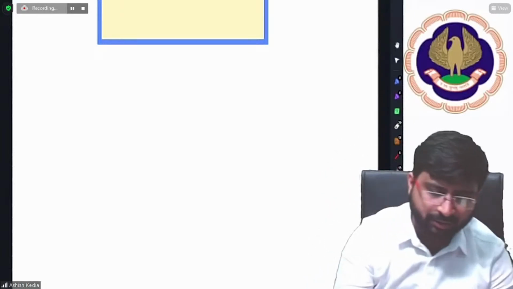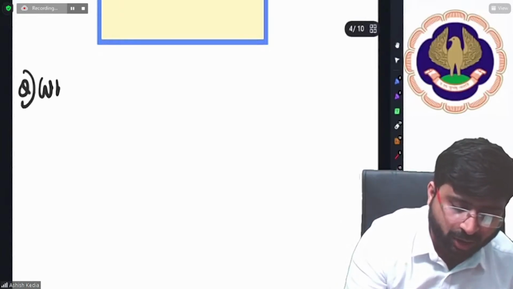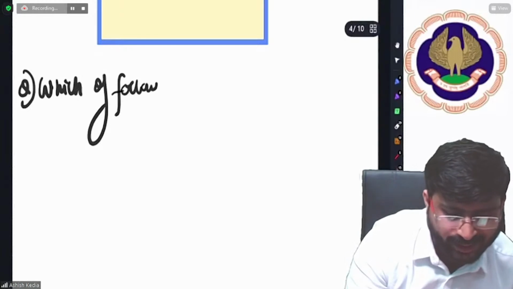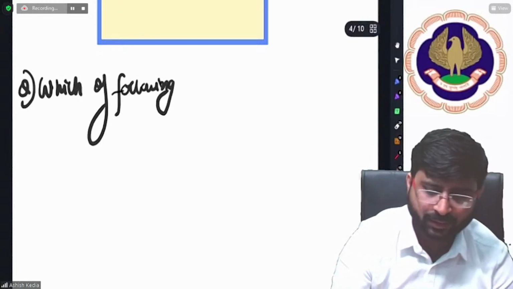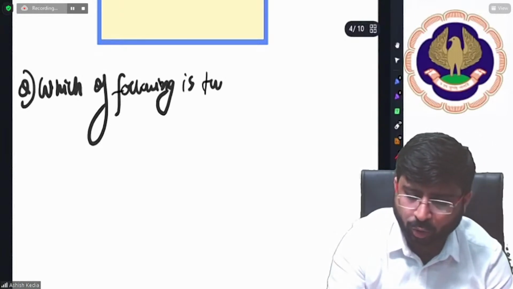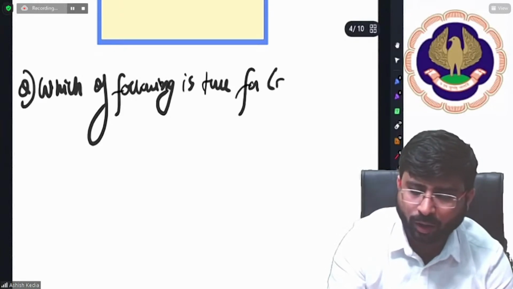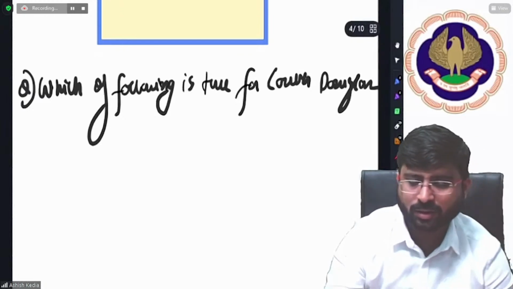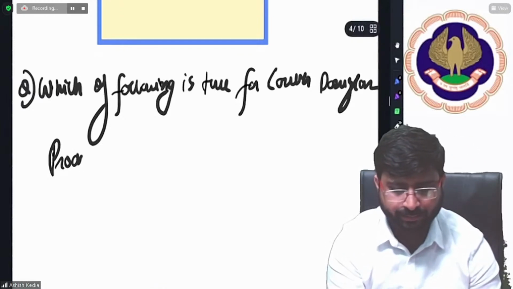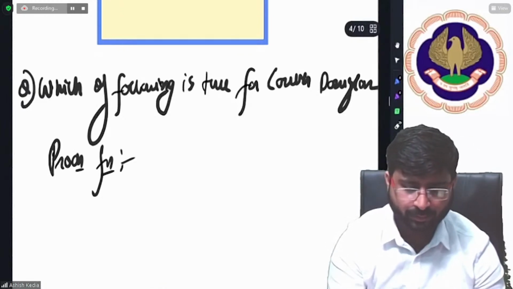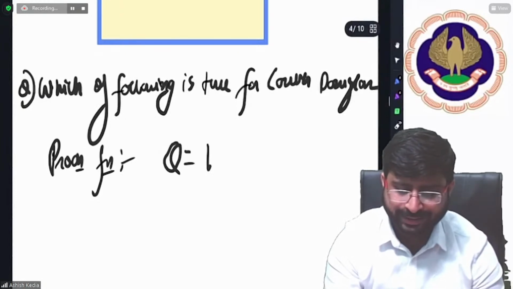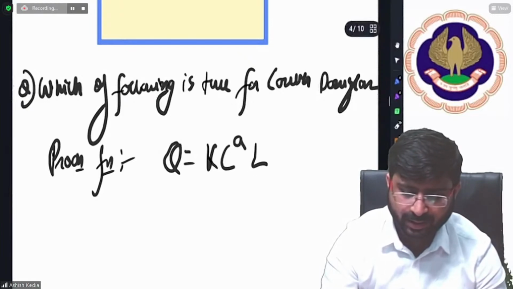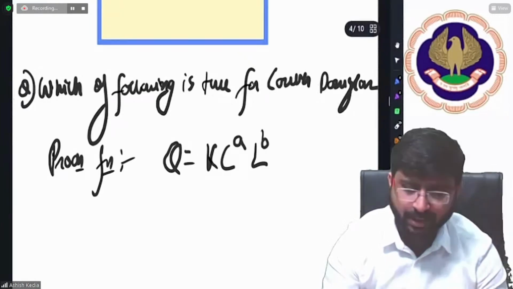Another question that I have in mind is: which of the following is true for Cobb-Douglas production function? Q equals K C^A L^B.